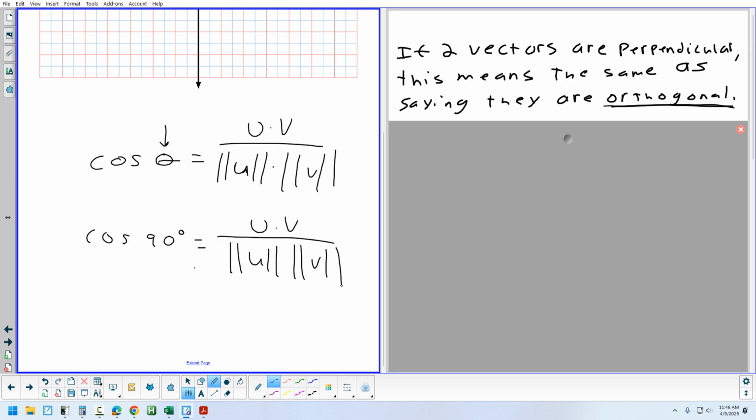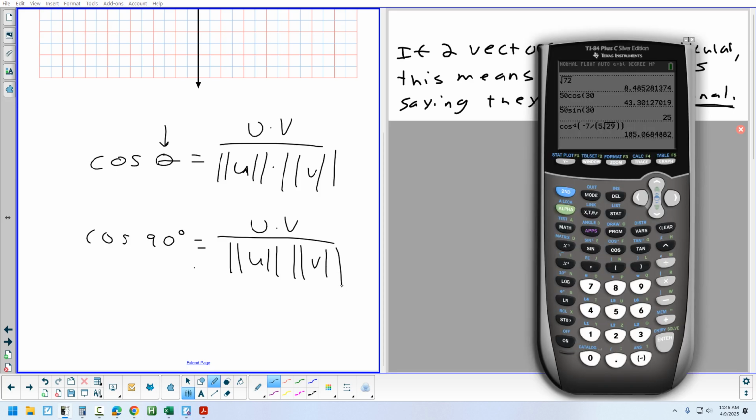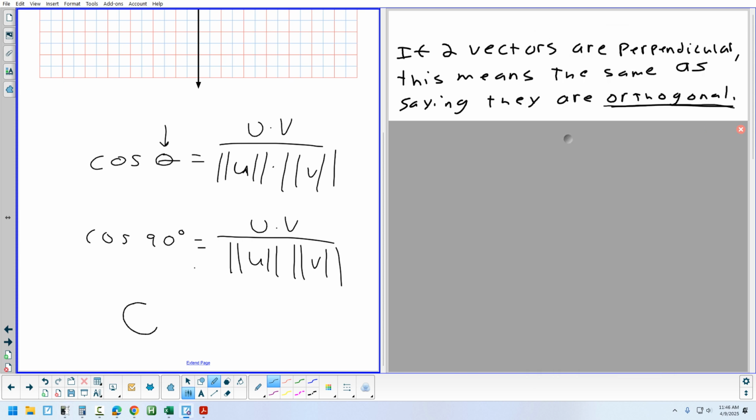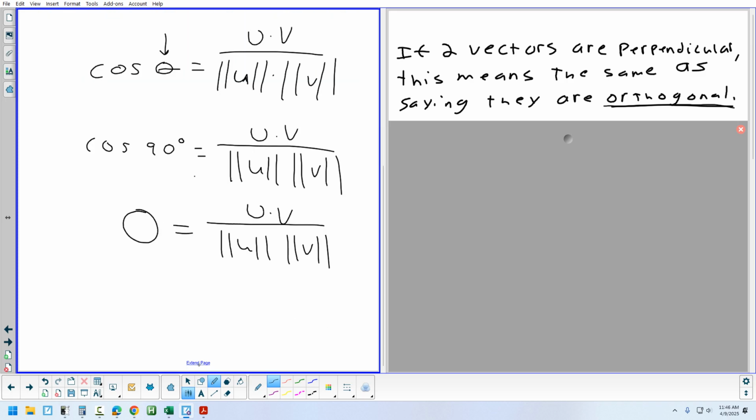Let's do out the cosine of 90 and see what we get. Okay, cosine of 90 is 0. So if two vectors are orthogonal, then the entire left-hand side comes out to 0. 0 equals this over that.